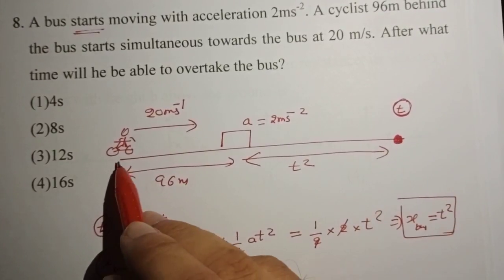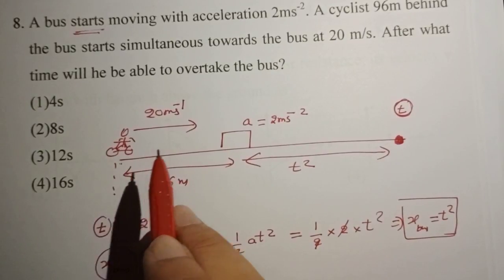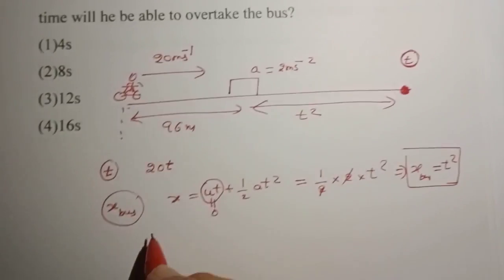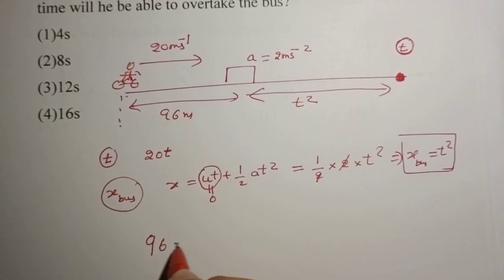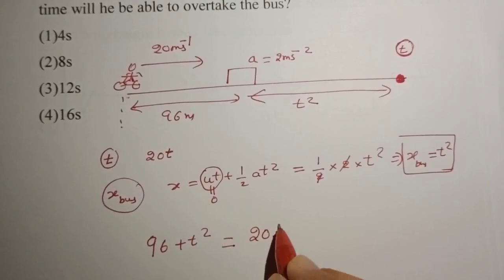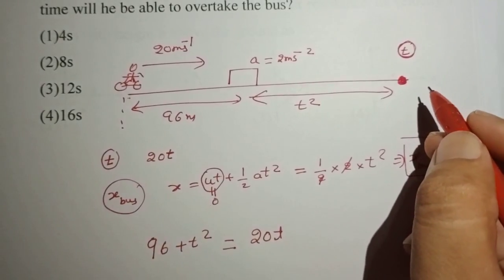Now with respect to the cyclist, where is the bus? The bus is at a distance of 96 plus t square. That should be equal to the distance traveled by the cyclist in time t, because at time t the cyclist is overtaking the bus.